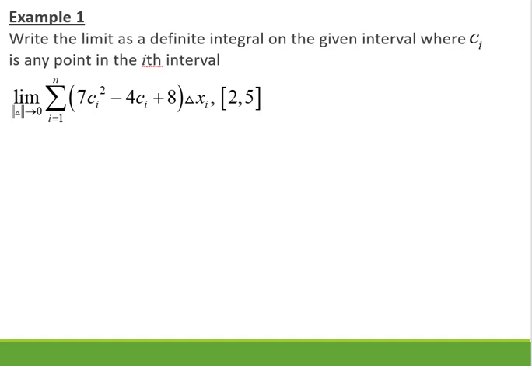So our first example is very similar to something we're going to find in our textbook, and it's a little different than the limit definition. Every book kind of has their own take on this limit definition. In this limit definition, we have some c sub i, which is also known as x, at any point on the ith interval.